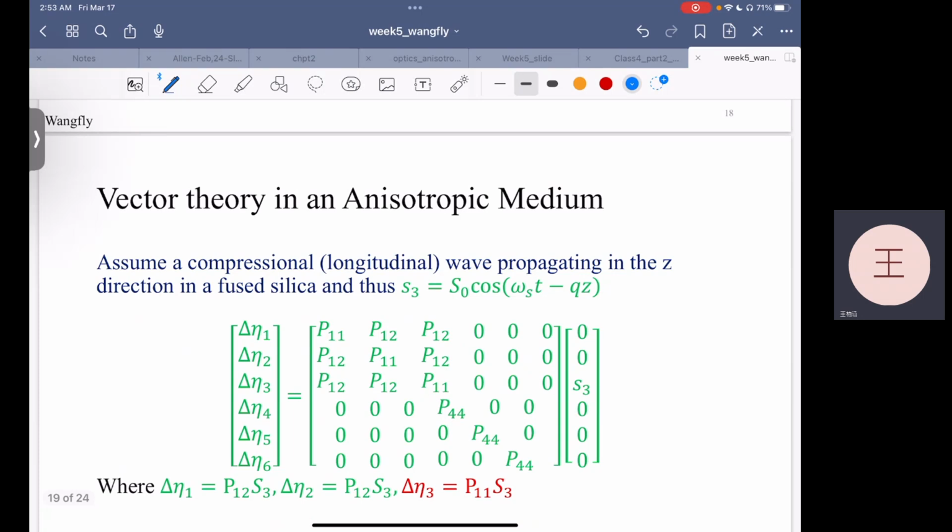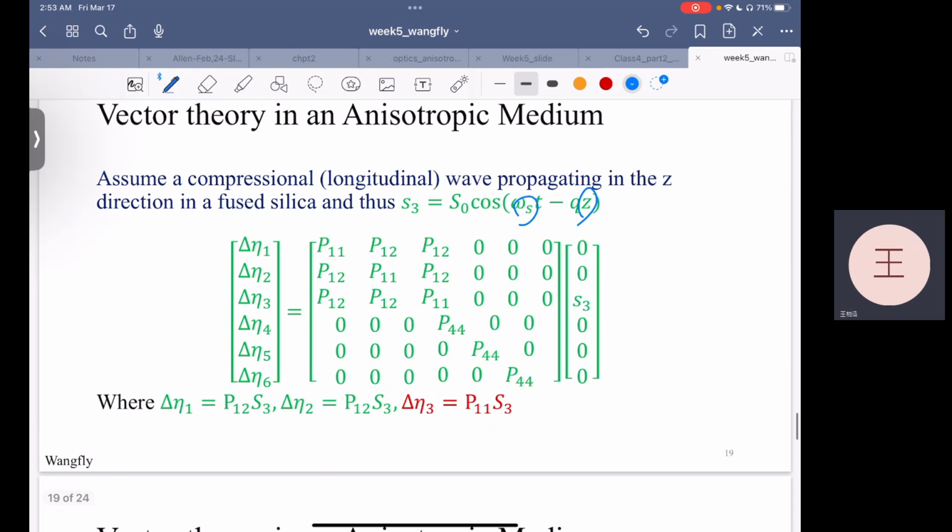And continue the concept for acoustic wave. It's a longitudinal wave. We can express it with the frequency taken into consideration.